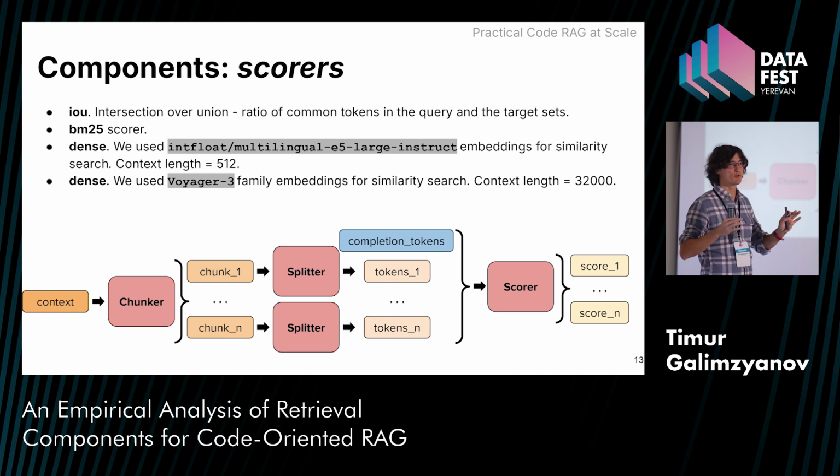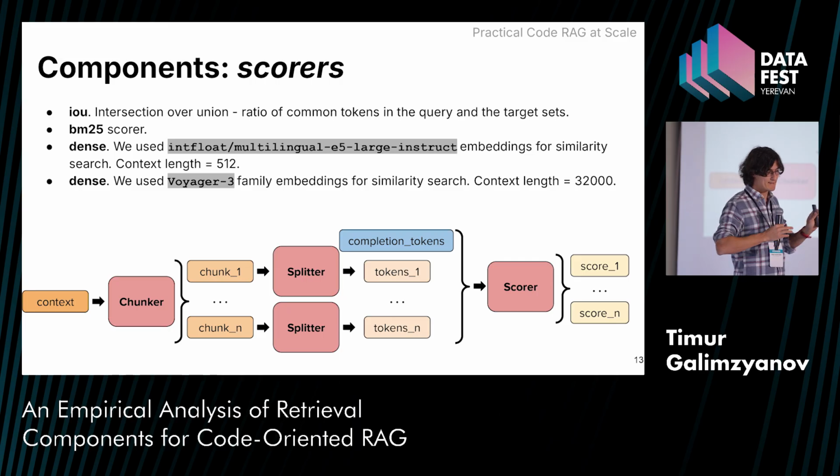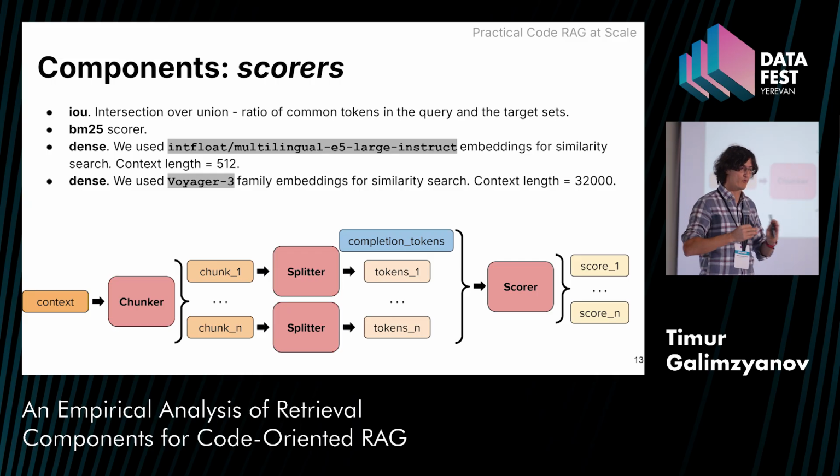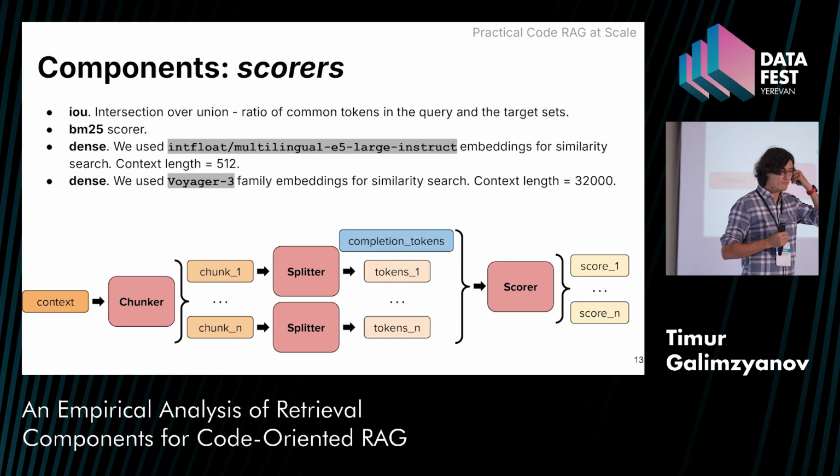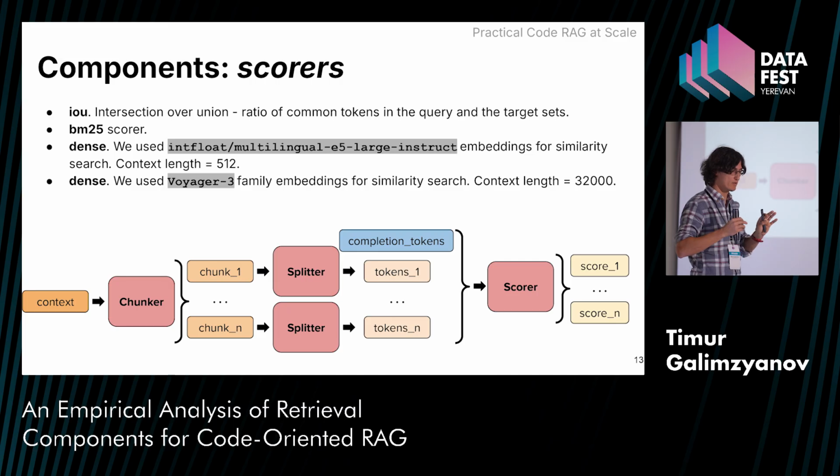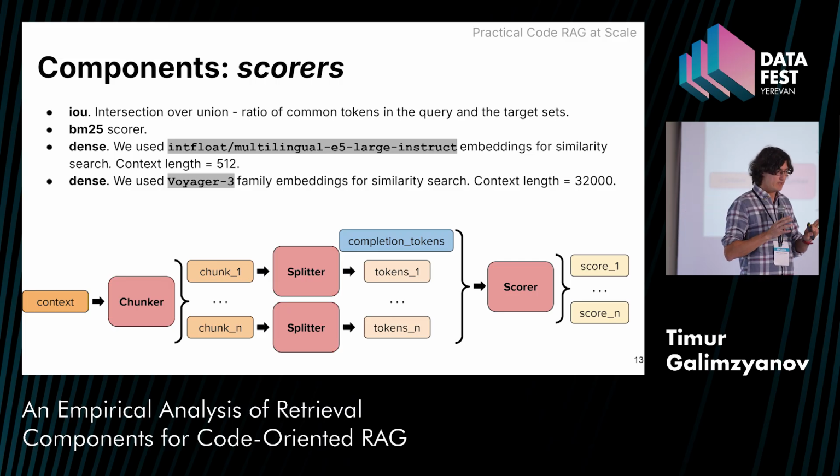That is just a ratio of common tokens, words, or lines of code between your query and the chunks or the files. Another one is the BM25 score, which is quite a similar thing, but much more complex and much more stable for practical applications. It also scores the intersection between the instances in the query and the document or chunk, but it does it in a much more complex way.